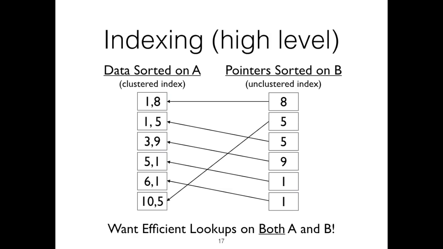In an unclustered index, you'd basically store two attributes: the thing that you're sorting on, and then another attribute, which is just some reference to where you need to look for the actual data that you're trying to find. Maybe that's a location on a hard disk, a location in a file, maybe it's a location in memory. What you're pointing to depends on where you're storing.